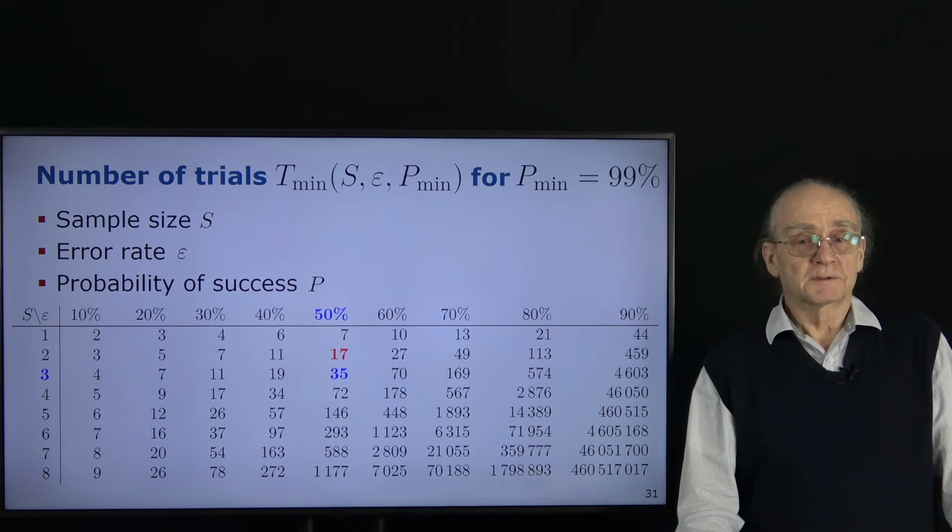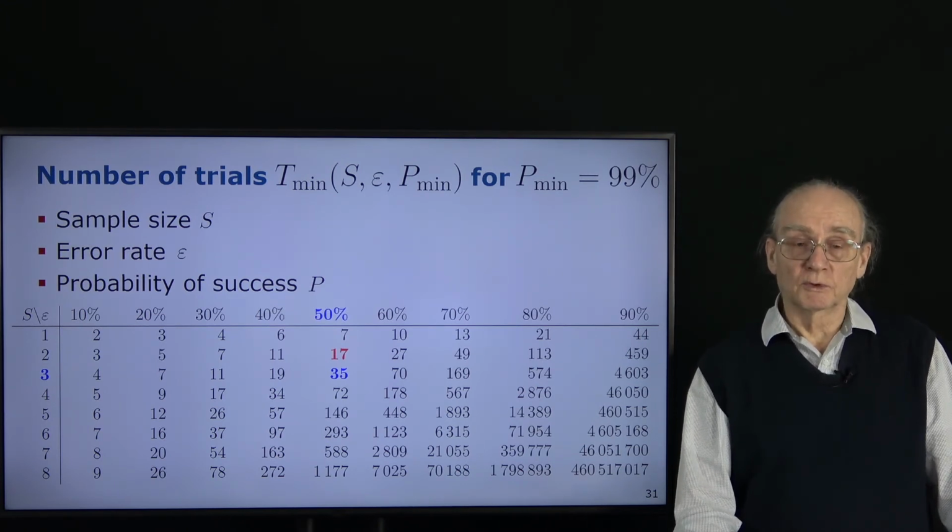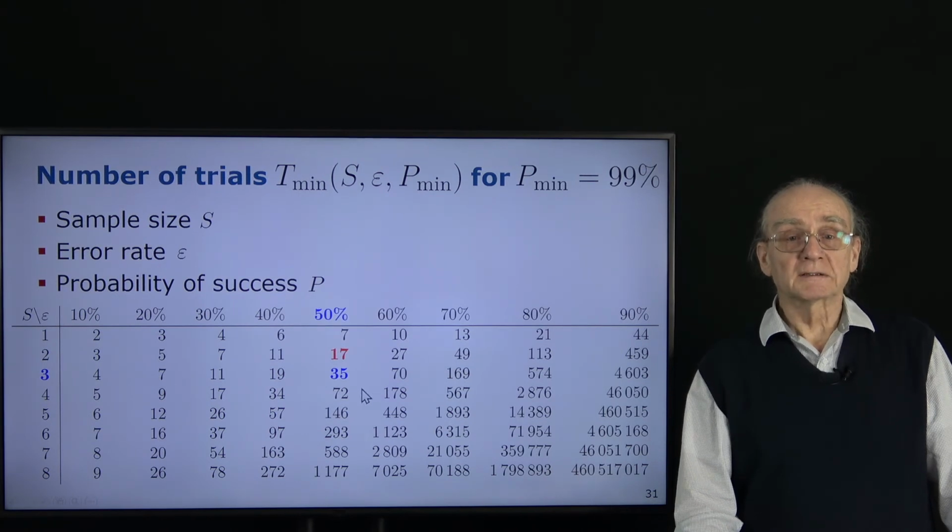What we also observe is that these numbers are independent of the number of observations. That means whether we have a case with 20 points, or 200, or 2,000 points, the number of trials is the same, because we only talk about the error rate, not about the number of outliers.